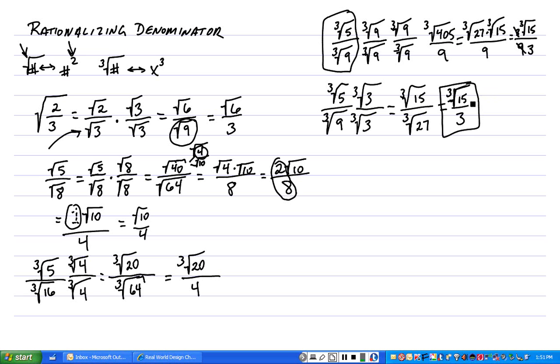So just like we said, you end up here with cube root of 15 over 3, which is the same thing you got down here. Alright, so just showing you 2 different ways that you could have attacked that problem.